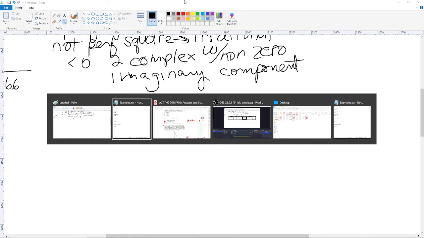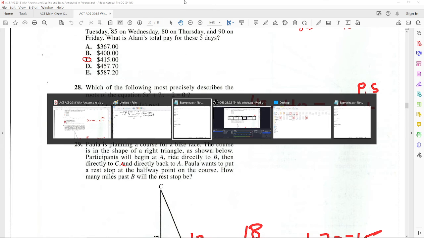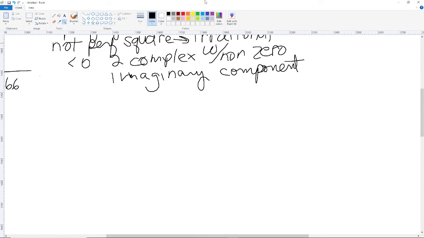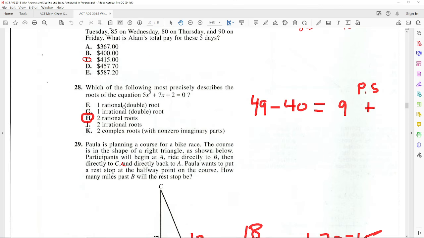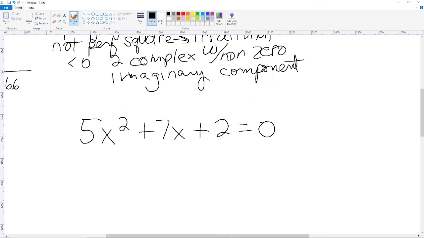So this is 5x squared plus 7x plus 2 equals 0.